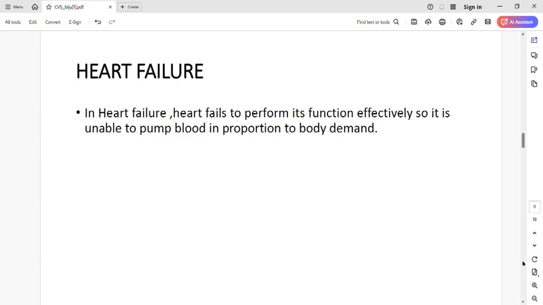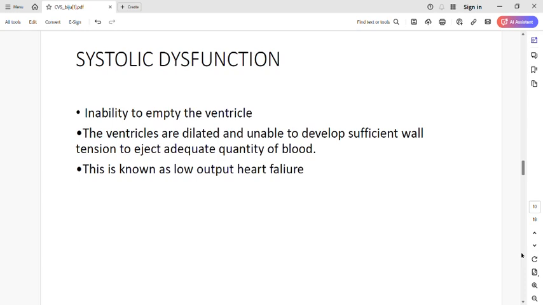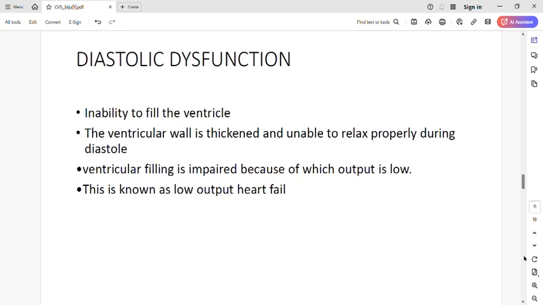Heart failure mainly occurs due to systolic dysfunction and diastolic dysfunction. In systolic dysfunction, the ventricle cannot empty the blood, so the heart cannot work. In diastolic dysfunction, the ventricle, for example the left ventricle, cannot be filled.